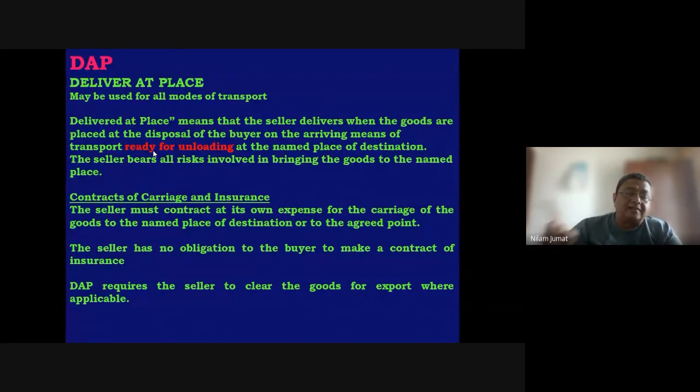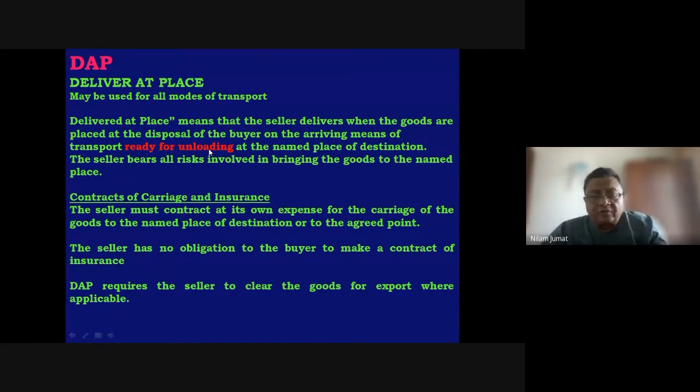So until the goods go to the delivery, that is from Nuwara to Colombo, Colombo to Jeddah, Jeddah to that particular point in Riyadh, the risk is of the exporter. The delivery point is in the importer's country. All D terms are the importer's country. But here, delivery is ready for unloading.